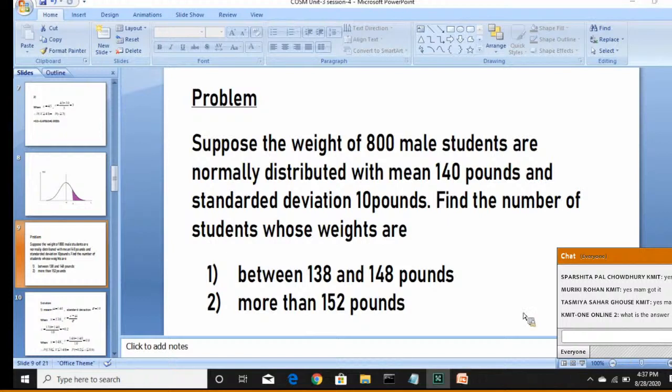What is the mean here? Mean is 140 and standard deviation is 10. What we are supposed to find out?